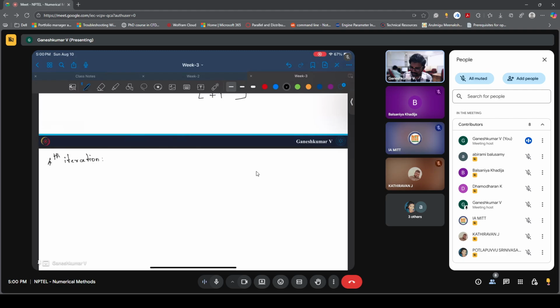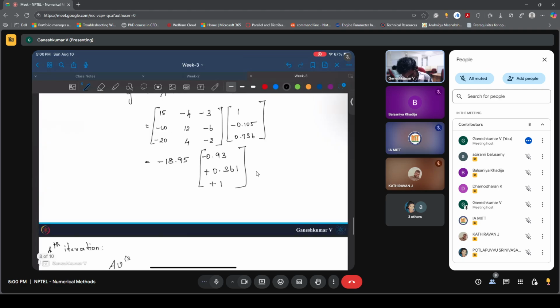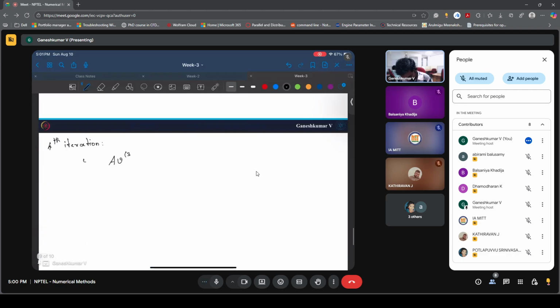So the fourth iteration becomes y4 is A times v3, which is 18.394 times 1, 0.415, minus 0.981.